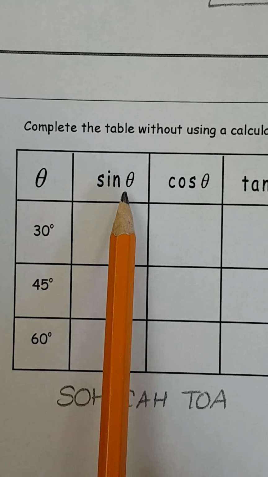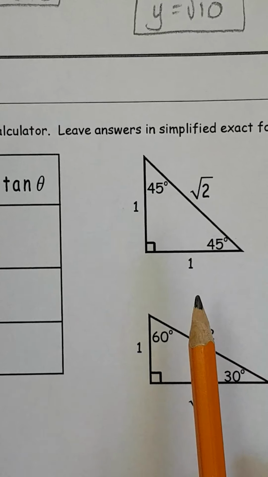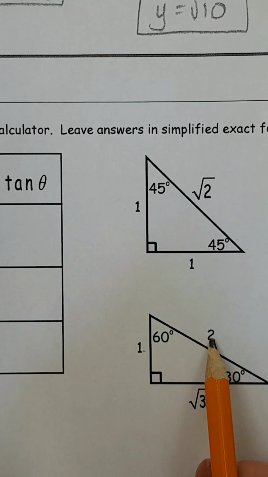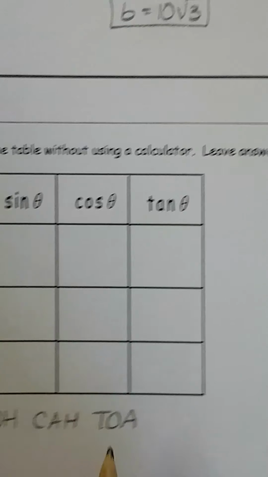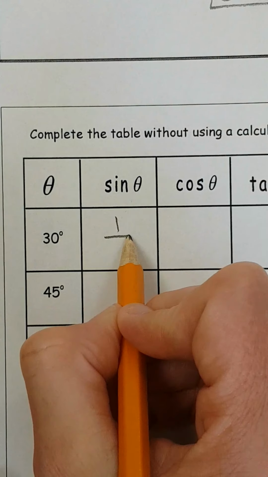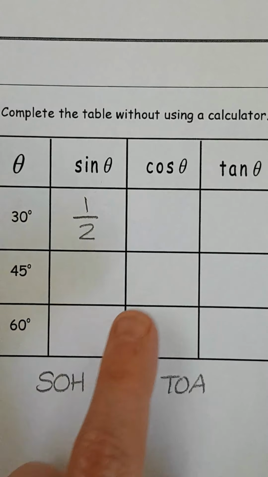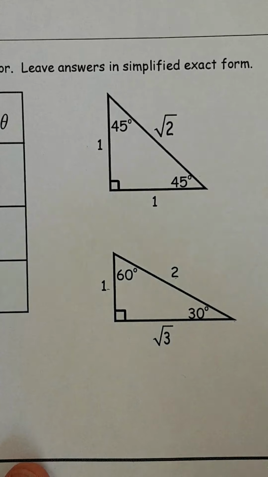So we're going to go to sine of theta for 30 degrees. Sine is opposite over hypotenuse, and so that's 1/2. I think I'll just go across with the 30s. I think that'll be easier. So cosine is adjacent over hypotenuse.